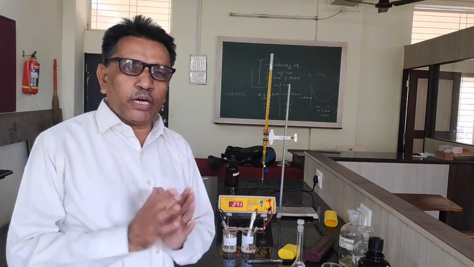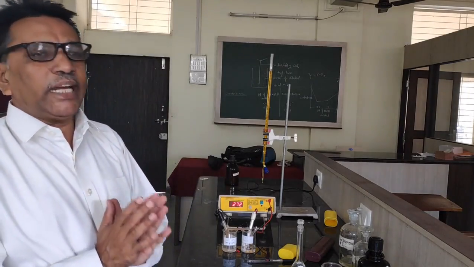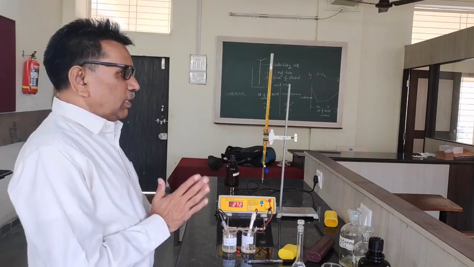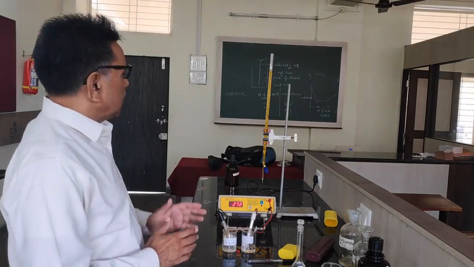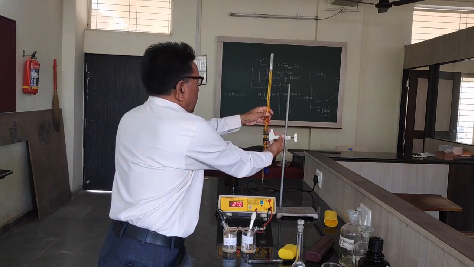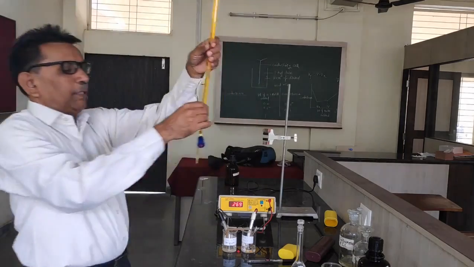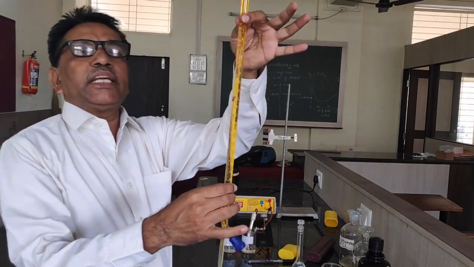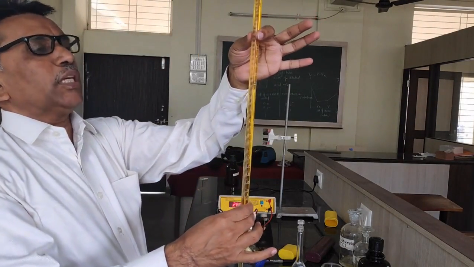This is without addition of the titrant solution. Now we have to add the ceric ammonium sulphate solution. This is ceric ammonium sulphate, a yellow colored solution.